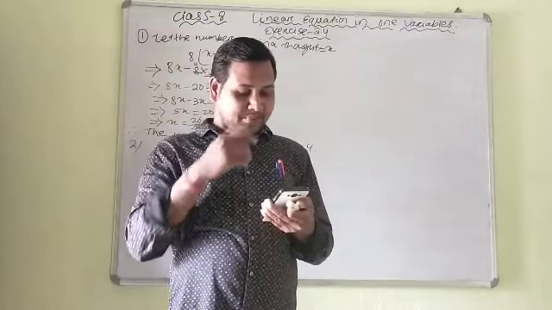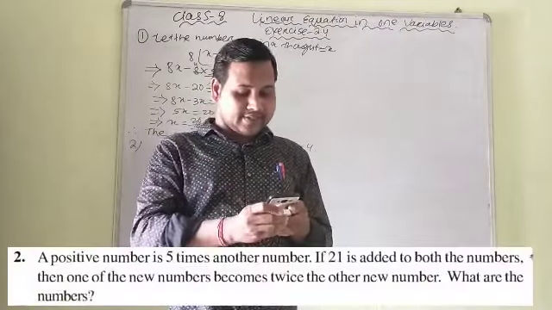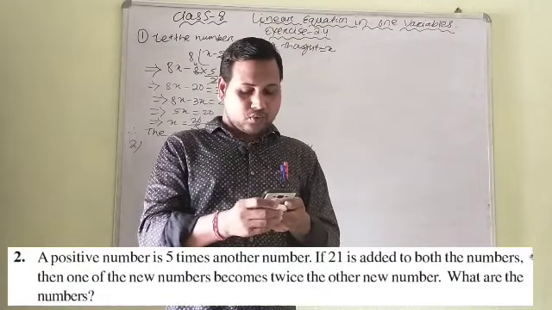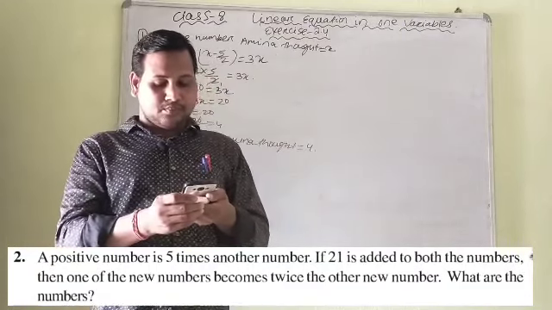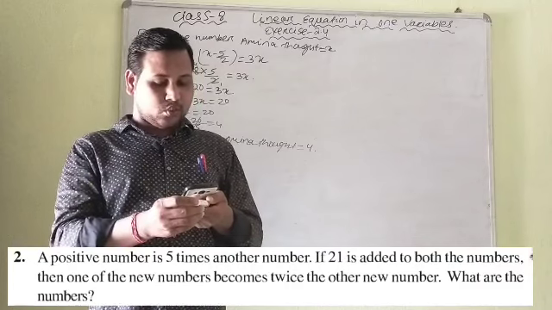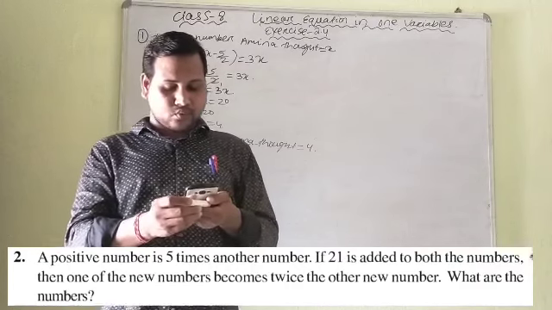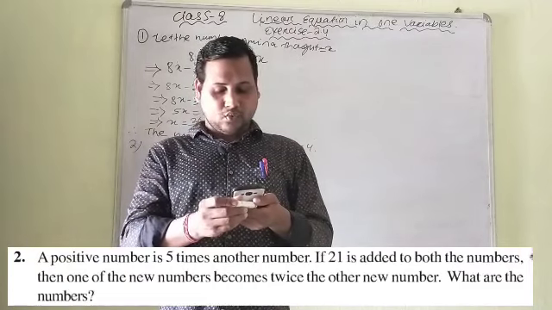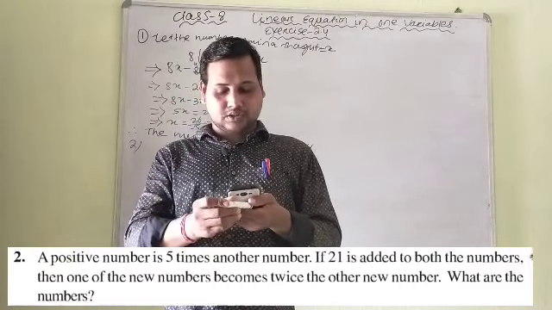It's given a positive number is 5 times another number. If 21 is added to both the numbers, then one of the new numbers becomes twice the other new number. What are the numbers?